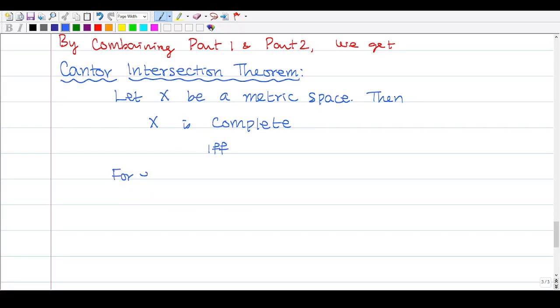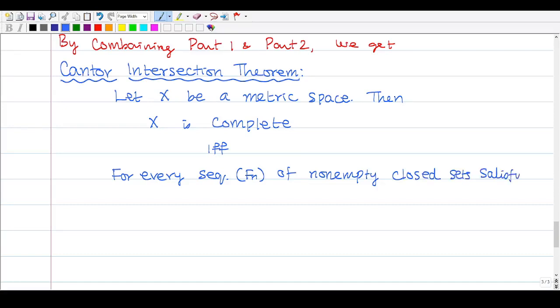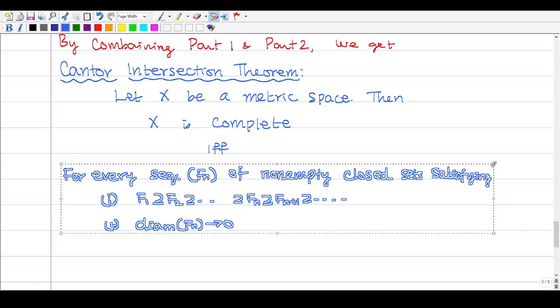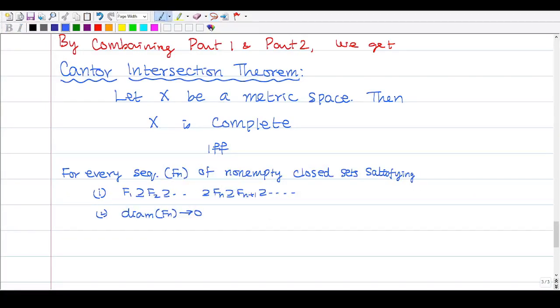For every sequence Fn of non-empty closed sets satisfying number 1, F1 contains F2 contains Fn contains Fn plus 1, and number 2, diameter of Fn converges to 0, this property implies that the intersection of all Fn, n equal to 1 to infinity, is non-empty. So this is the theorem.